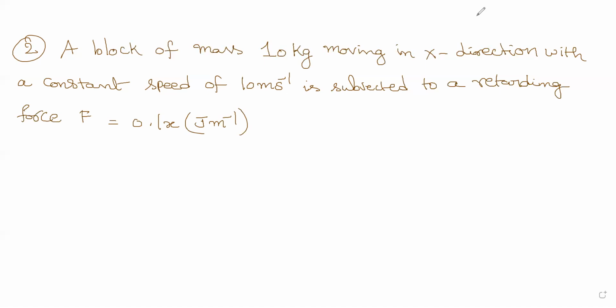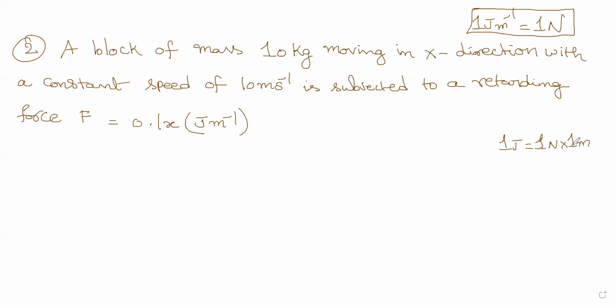I am very fond of this unit, joule meter inverse. That is 1 Newton. It's a very, very important conversion. See this, 1 joule meter inverse, that's 1 Newton. So how does this come in? The joule is the unit of work, which is force into displacement, that is 1 Newton into 1 meter.